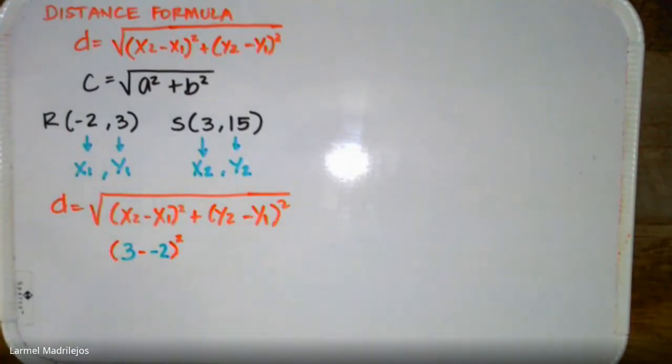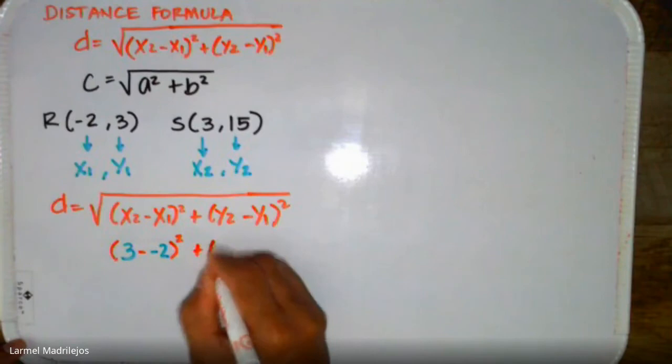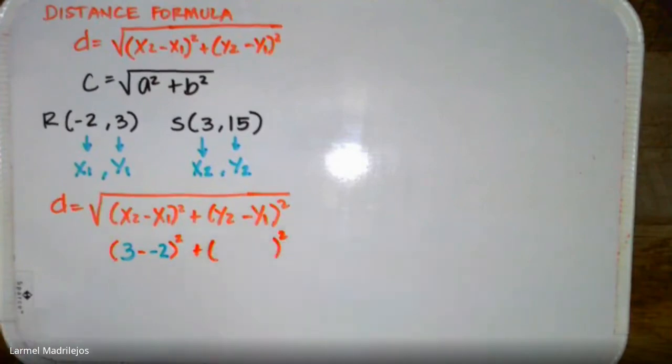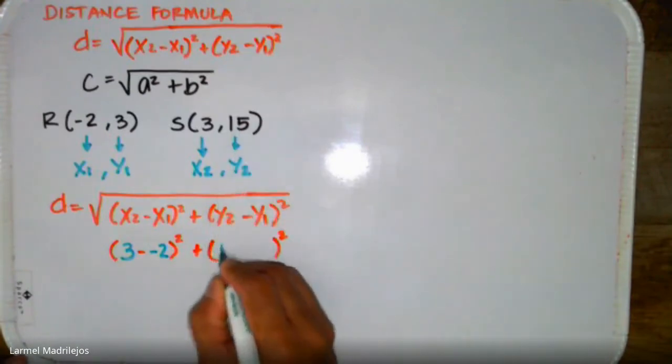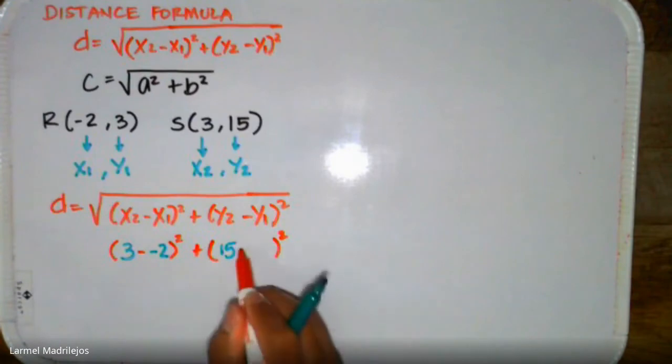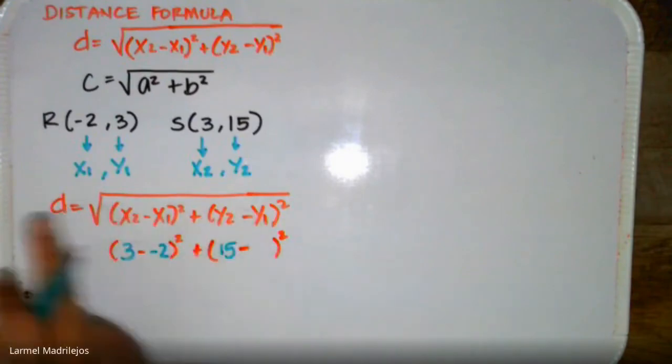Next, I'm going to look for the values of y sub 2 and y sub 1. The value of y sub 2 is 15, positive, minus, that's part of the formula, 3.